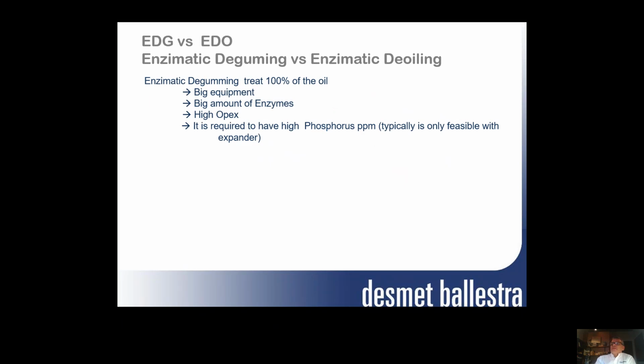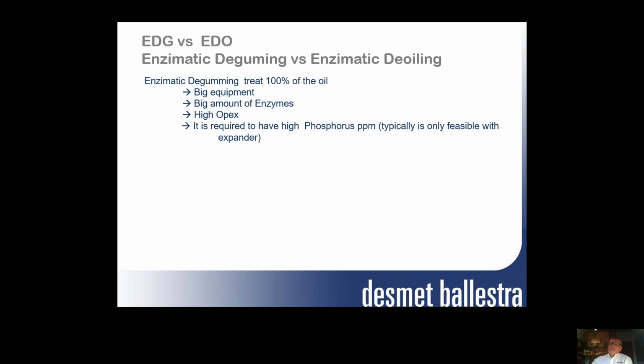Important to say at this stage what the difference is between the enzymatic degumming, which is completely different than enzymatic deoiling. Sorry, not completely different, it has a lot of similarities in terms of the principle, the chemical principles, but from the point of view of what we do it is completely different.